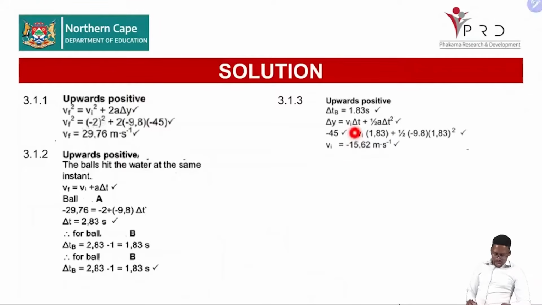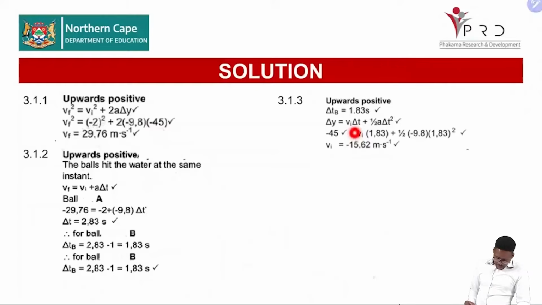Plus 2, our a, because we set up as positive, a is always going down, so it becomes minus 9,8. And the displacement becomes negative 45. And then our Vf will be 29,76 meters per second. So 1 mark for the formula, 1 mark for substitution, and 1 mark for the answer.